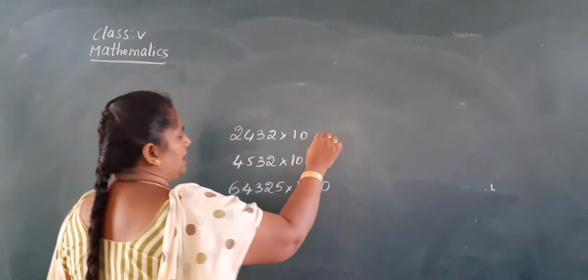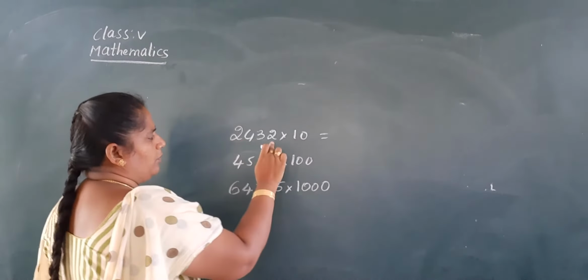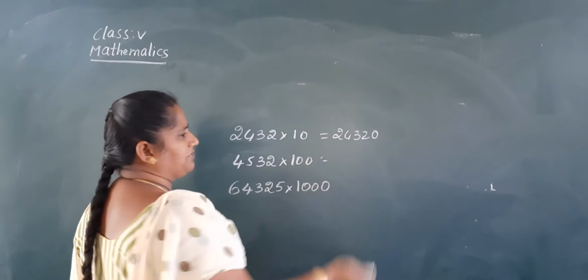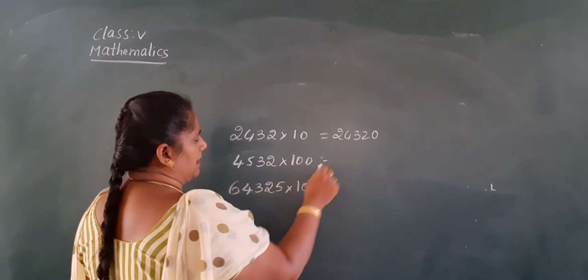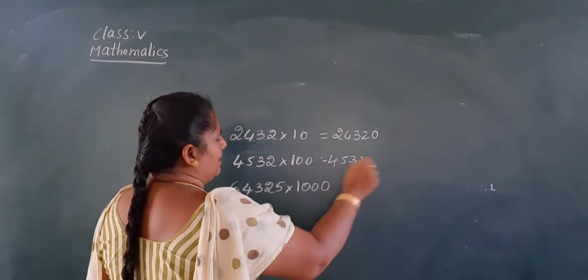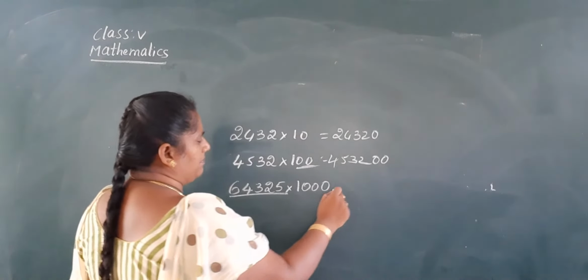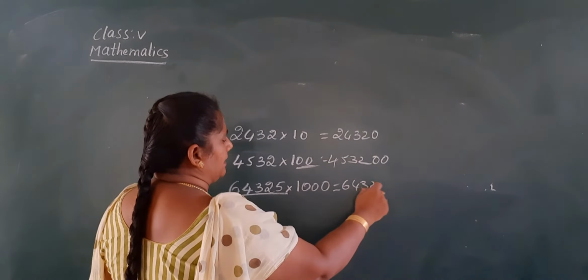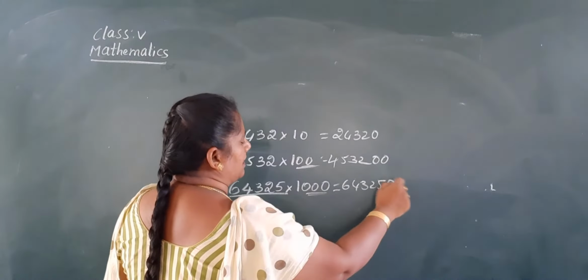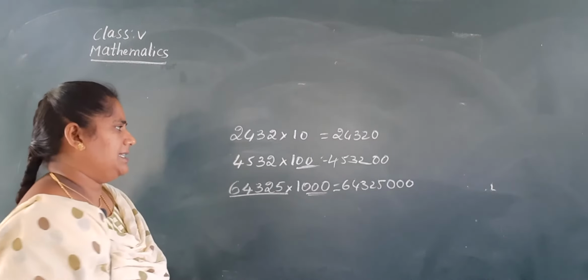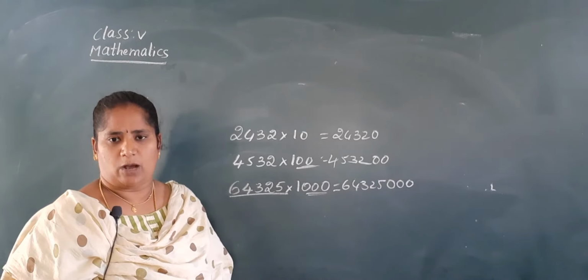If any number is multiplied by 10, we write the same number and keep 1 zero to the right side of the product. If multiplied by 100, same number we will write and keep these 2 zeros to the right side. If multiplied by 1000, same number we'll write and keep these 3 zeros to the right side. Okay, ma? So it's very easy to multiply by 10, 100, 1000.